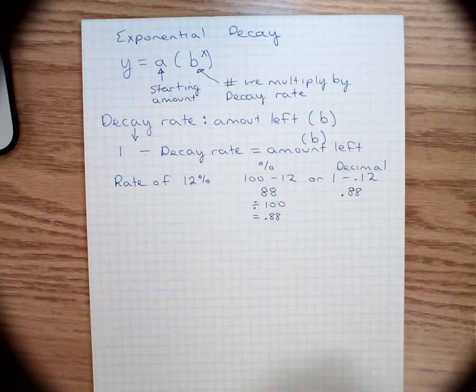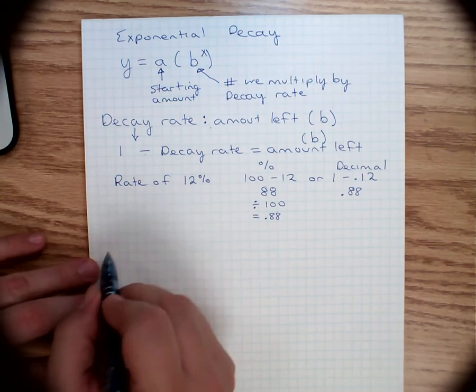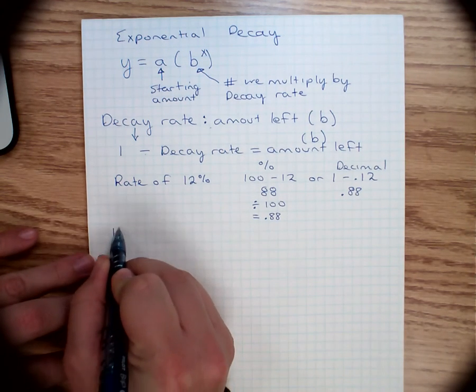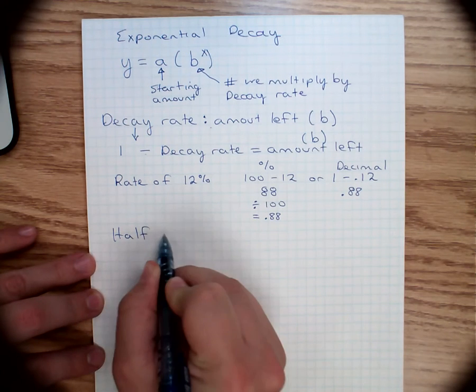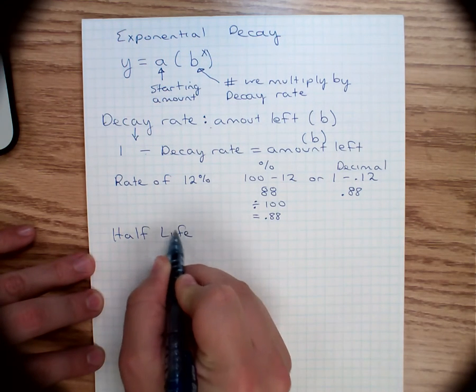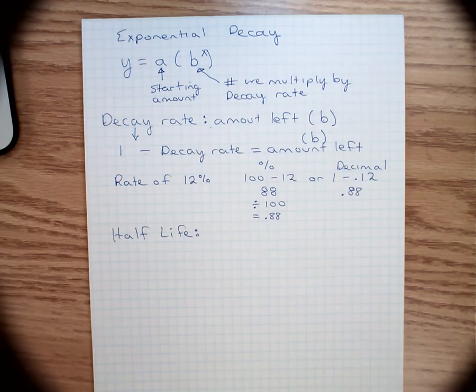So when we look at these, yes, we could also have half-lives, and that was introduced this class period, the half-life. What is a half-life? It's half of the original number, or 10 or something.